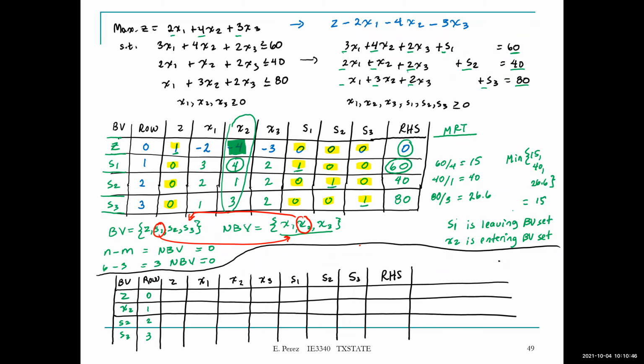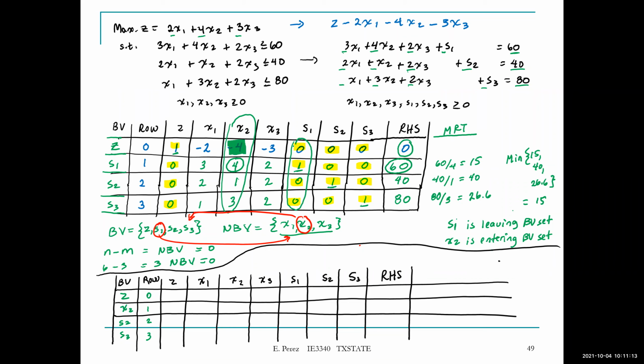Okay, so if I know that X2 is going to take the place of S1, if you look at the column for S1, the format of S1 is 0, 1, 0, 0. So I need to make that column for X2 now 0, 1, 0, 0, referring to this column right here. So S1 is leaving.